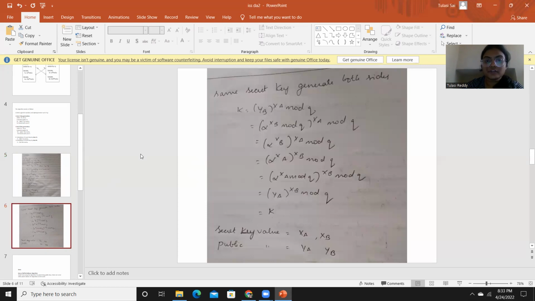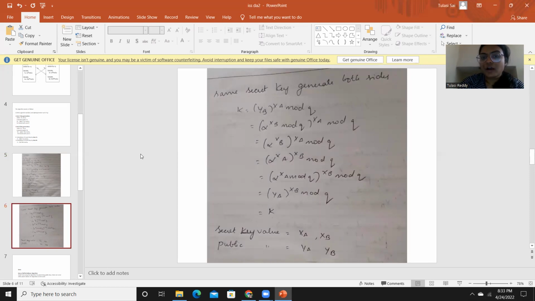So as we know, in this particular algorithm, the same key is generated on both sides. So k is equal to, we can choose, yb to the power of xa mod q. Here we know that yb is equal to alpha to the power xb mod q, to the power of xa mod q. So alpha to the power xb mod q, raised to xa, is alpha to the power xb xa mod q.